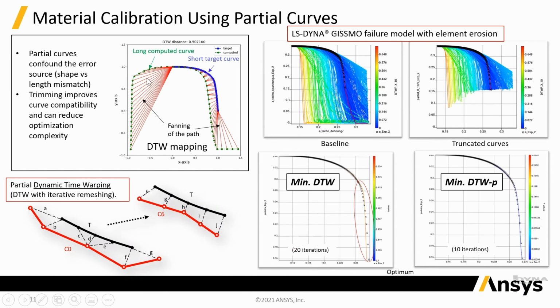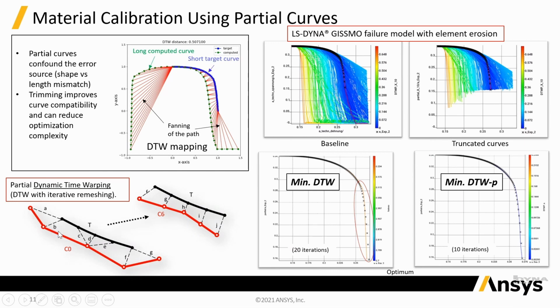And so the method that we implemented earlier, which is called the dynamic time warping method, connects points on the test curve with points on the computed curve.